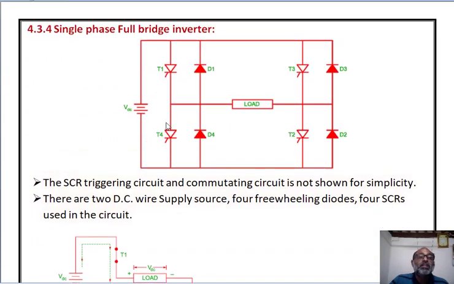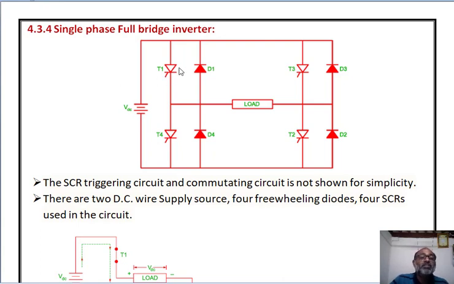Now next, single phase full bridge inverter. The SCR triggering circuit and commutating circuit are not shown for simplicity. The problem in the single phase half bridge inverter, that it requires a 3-wire DC supply, can be eliminated by using this single phase full bridge inverter.